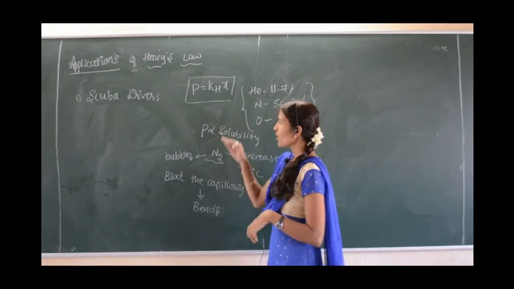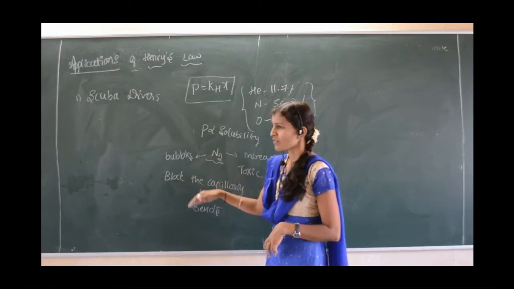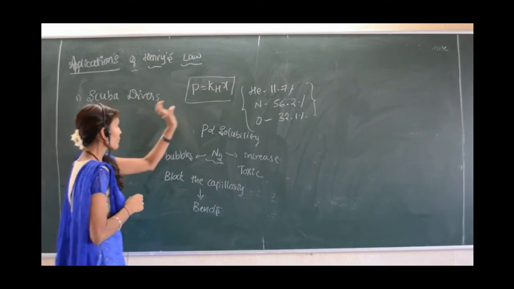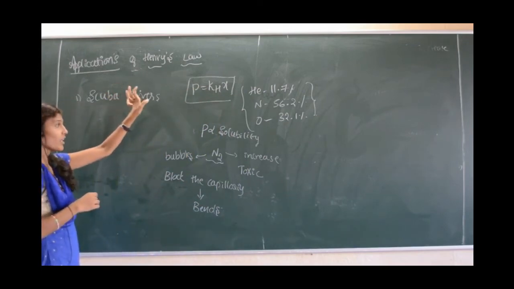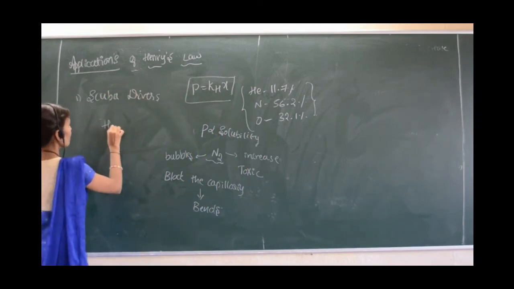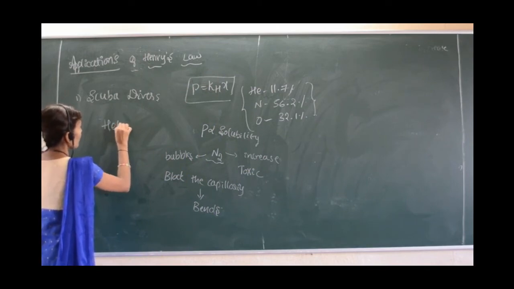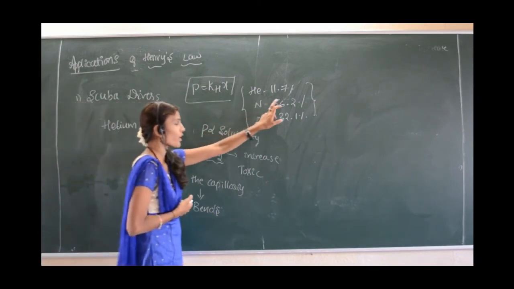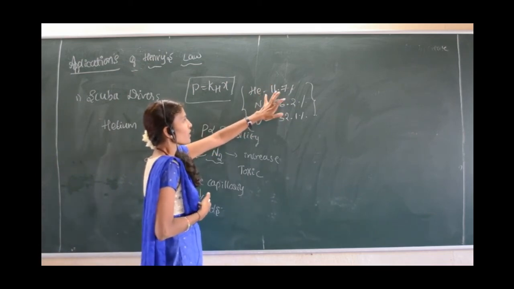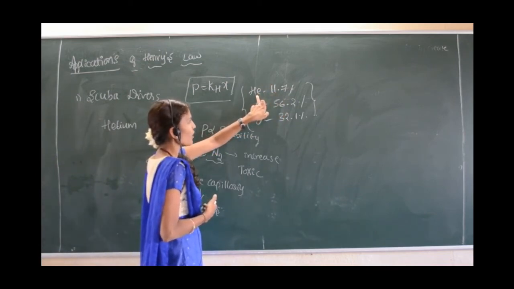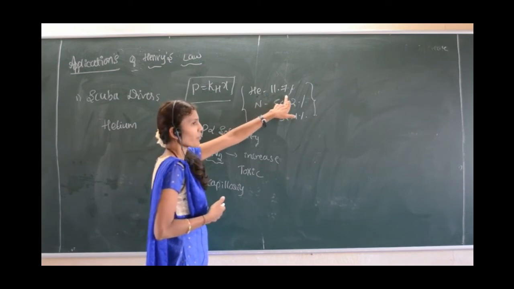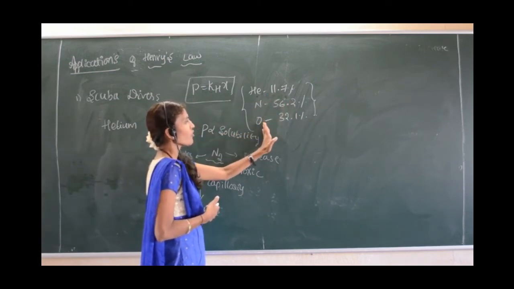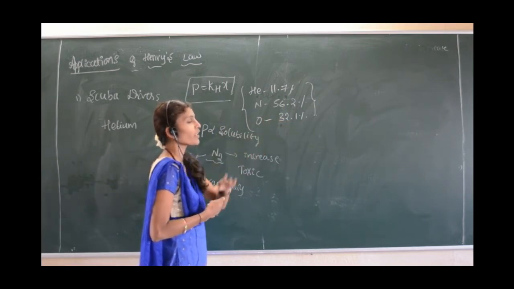So in order to avoid all these effects, the tank of the scuba diver is diluted with helium. The air tank of the scuba diver has a composition of helium 11.7%, nitrogen 56.2%, and oxygen 32.1%.